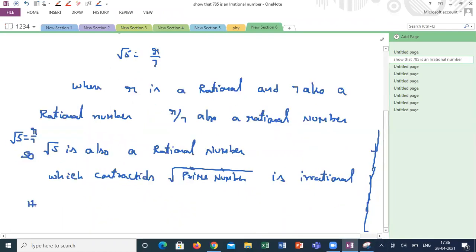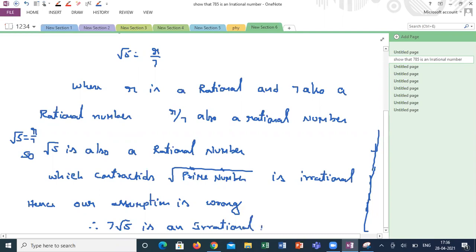Hence our assumption is wrong. Root 5 is rational, as I assumed, but it is not rational, so our assumption is wrong. Therefore, 7 root 5 is an irrational number. Simple. Clear, guys? Yes, sir.